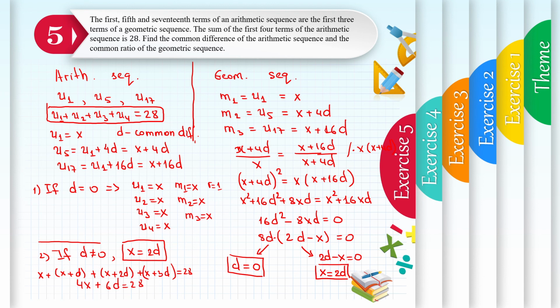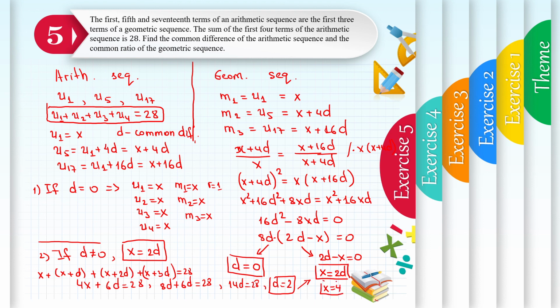Substituting x with 2d, we get 8d plus 6d is equal to 28, so 14d is equal to 28, and d is equal to 2. With d equal to 2, x is equal to 2d, which means x is equal to 4.